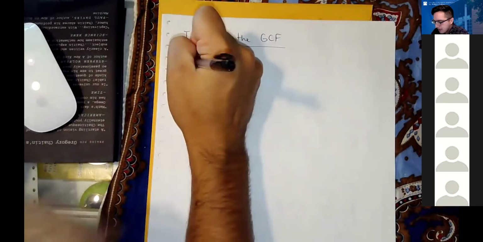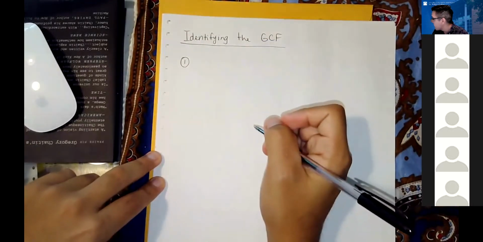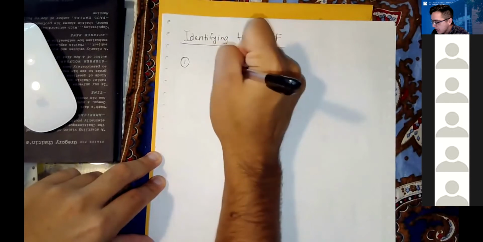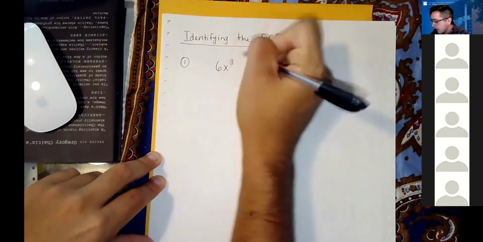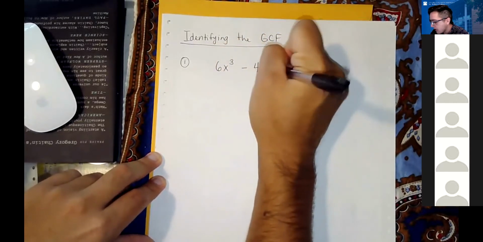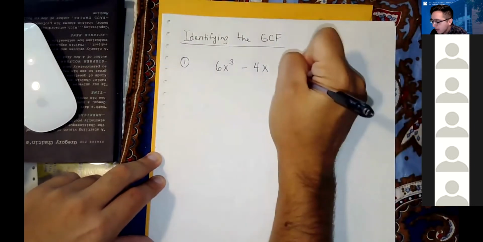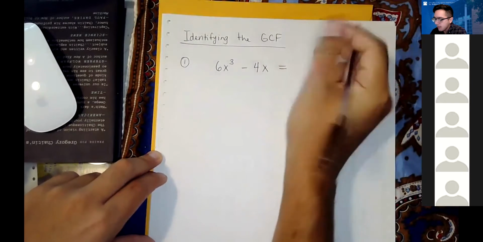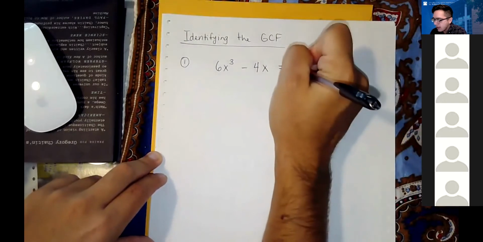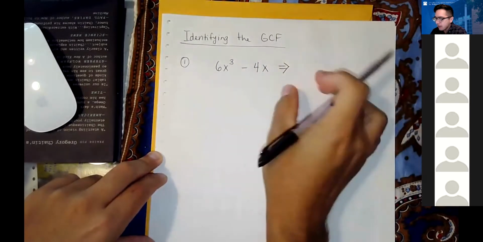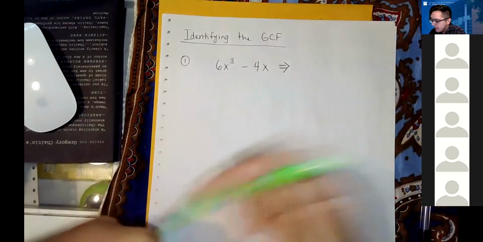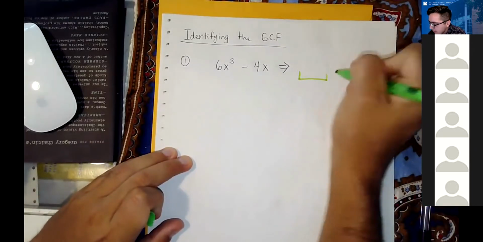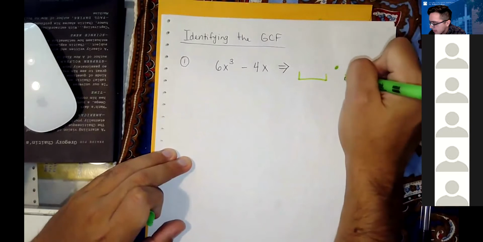Okay, so let's look at the expression 6x to the 3rd power minus 4x. And we want to, again, write this as a product. You can write an equal sign, or a little arrow here, because we're trying to write this as something times something else.